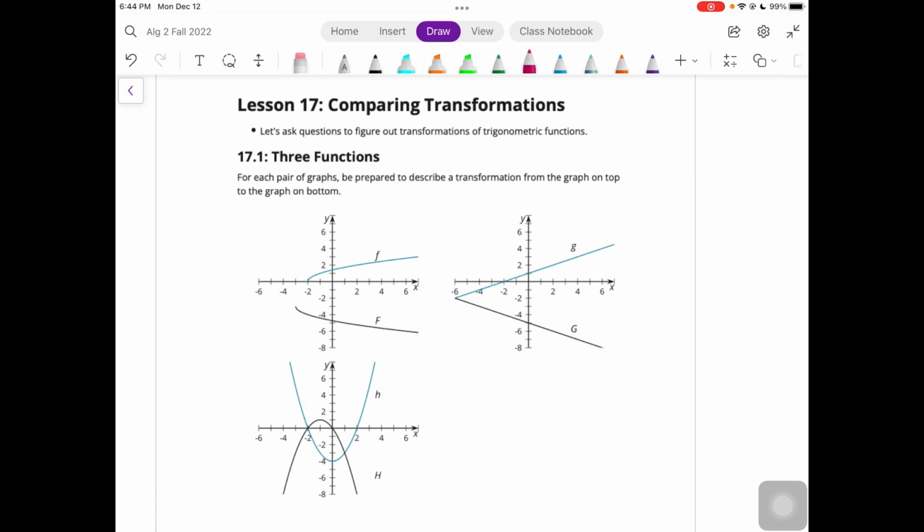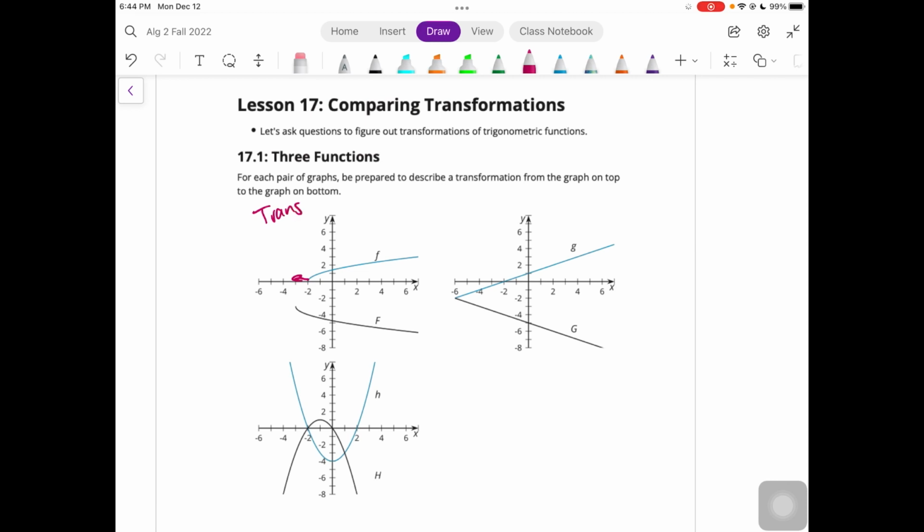All right, Unit 6, Lesson 17, Comparing Transformations. For each pair of graphs, be prepared to describe a transformation from the graph on top to the graph on the bottom. So for the first one, we have translated to the left one.